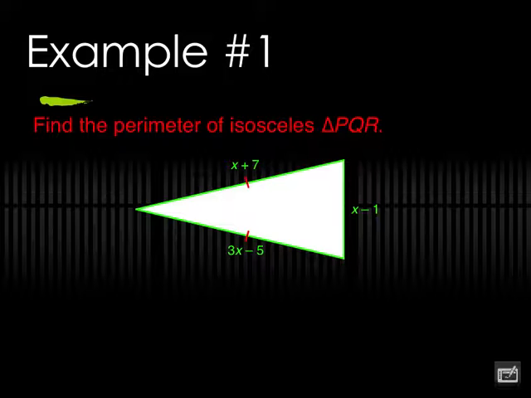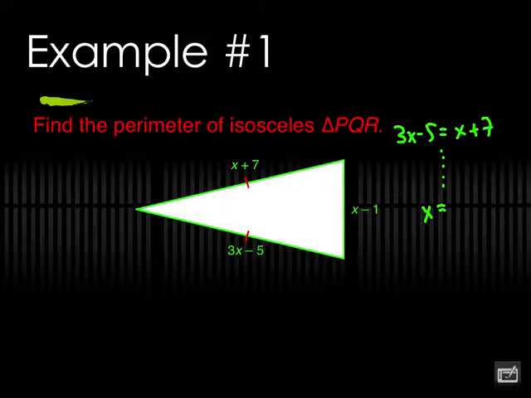What's the relationship that we're looking for in this triangle, Max? The two congruent sides. So what do you do with those two things? Set them equal to each other and solve. What did you find for x? Anybody else? What's x?